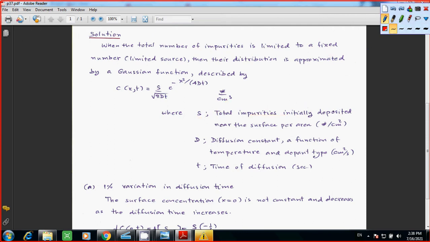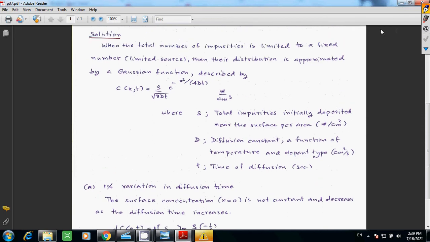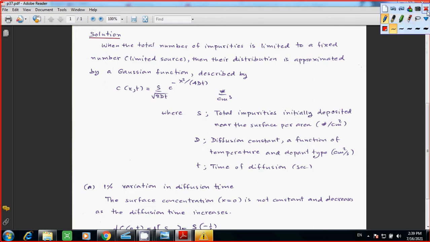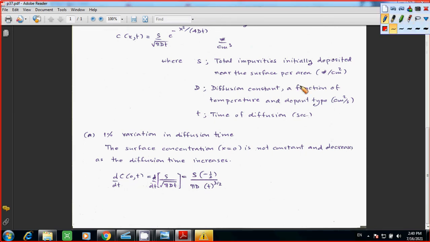For A, that suggests you do the derivative of the impurity concentration, C, with respect to time, because you want to see what happens when the time changes.